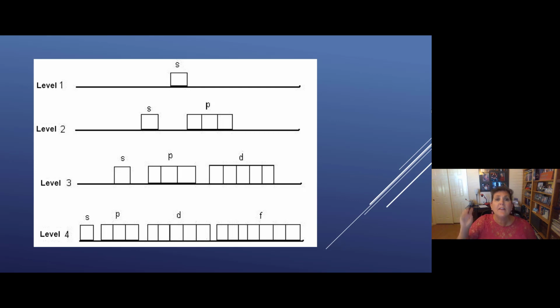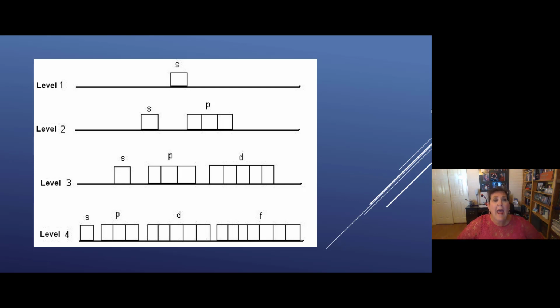Level 2 has an S and a P. You can put 2 electrons per box. So you can put 2 in the S, but how many can go in the P? Remember, a P has 3 orbitals, so 3 boxes, 2 electrons per box makes 6 electrons for the P. 6 plus 2 is 8.